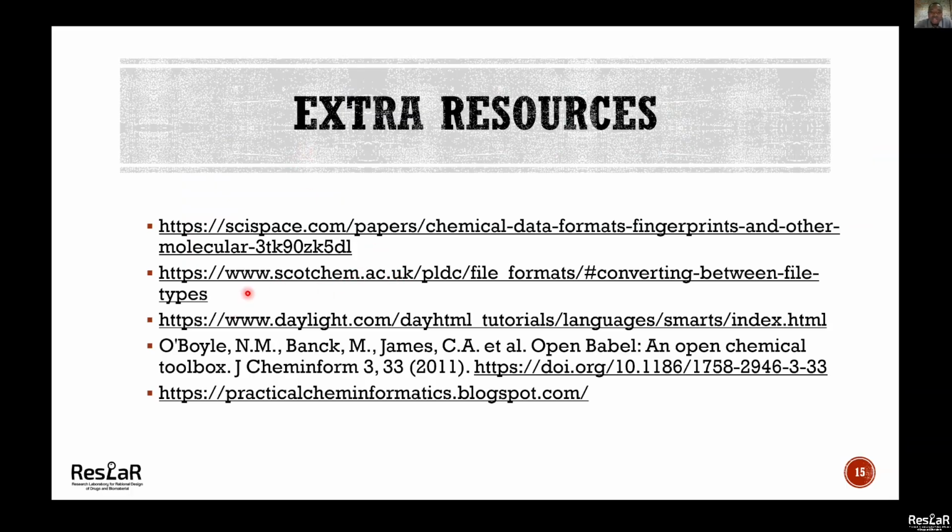Okay, these are so many of the resources. The initial publication of OpenBabel by O'Boyle, and then Practical Cheminformatics by Pat Walters, very, very important, and then so many other resources, especially from maybe the Daylight company and all that. They are very useful.